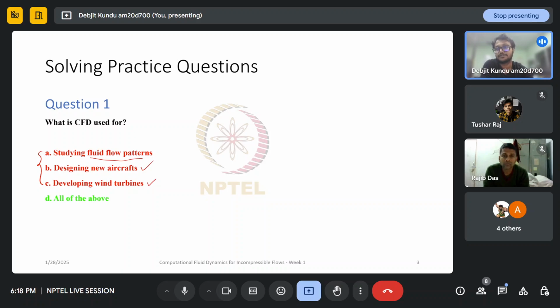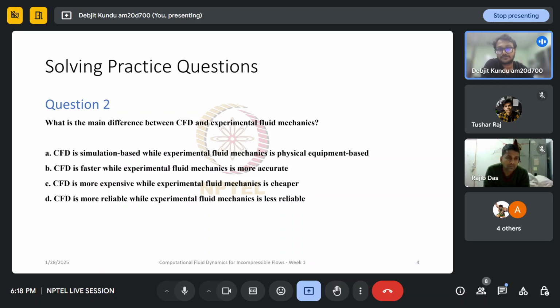We'll move on to question number 2 now, which is asking us what is the main difference between CFD and experimental fluid dynamics? So, computational fluid dynamics and experimental fluid mechanics. What's the difference between the two? Is it option A, that CFD is simulation based while experimental fluid mechanics is physical equipment based?